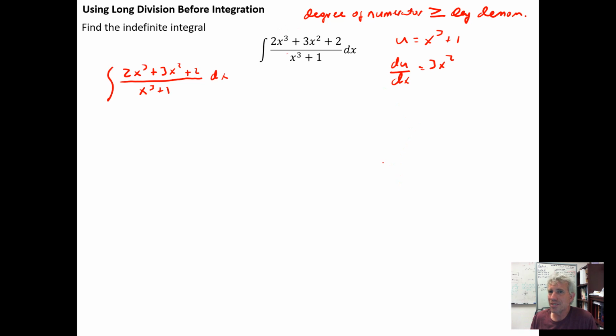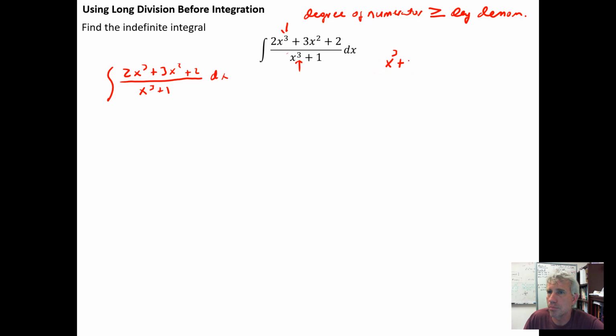A u substitution isn't going to be incredibly useful in this particular case. You could try it, but you're going to run into a dead end because the numerator doesn't differ from the derivative of the denominator by only a constant. So in this case, I see that the degree of the numerator matches the degree of the denominator, and that tells me I want to do a long division.